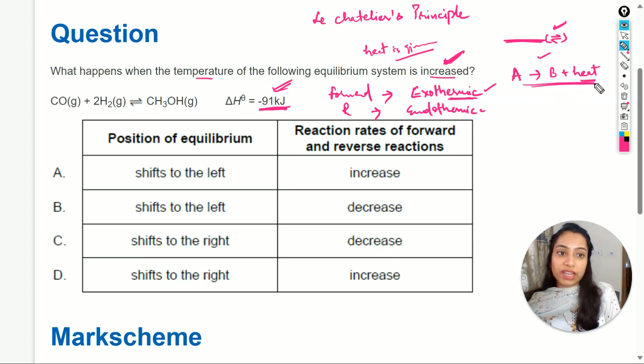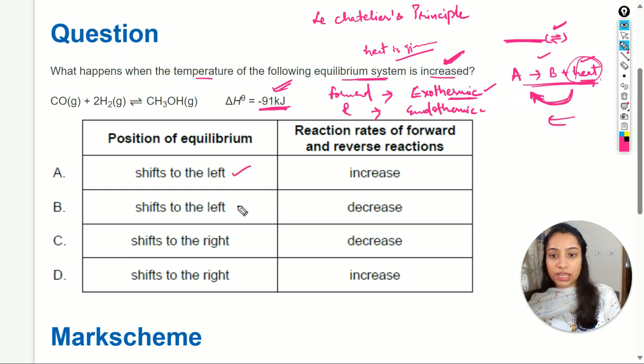If the forward reaction occurs, then the heat in the system increases because heat is evolved here. So that's why it goes in the reverse direction. Means now the equilibrium system tends to go in the backward direction. It favors the reverse reaction, or we can say the position of the equilibrium shifts to the left. So the answer can be option A or option B.